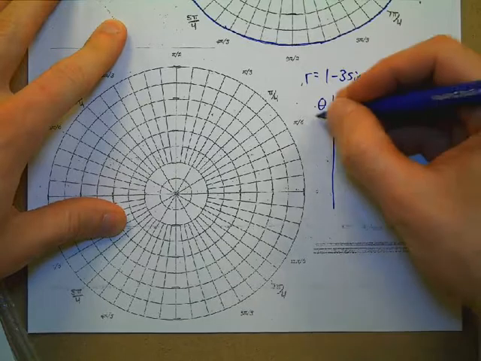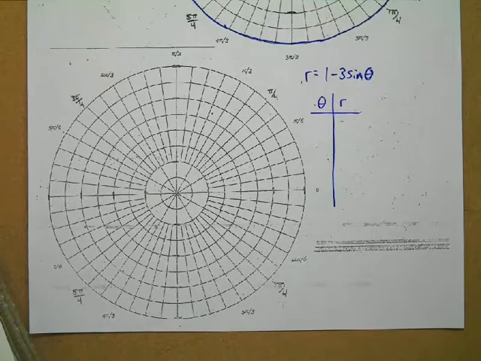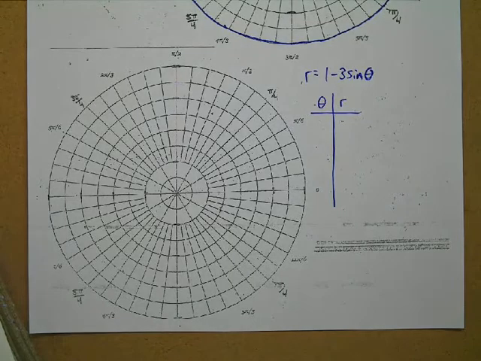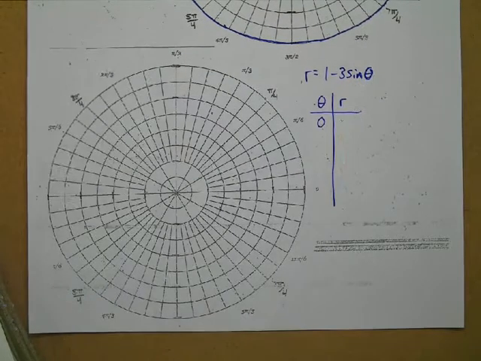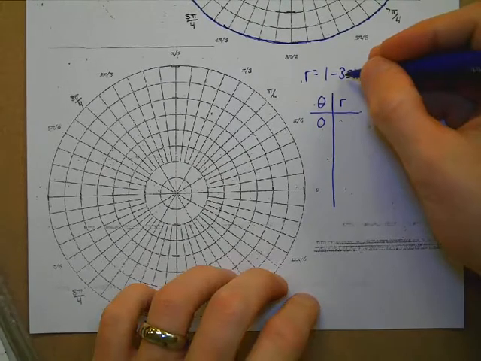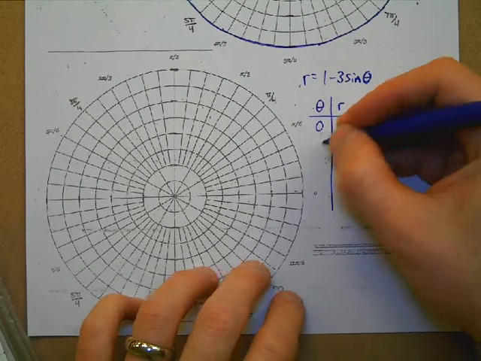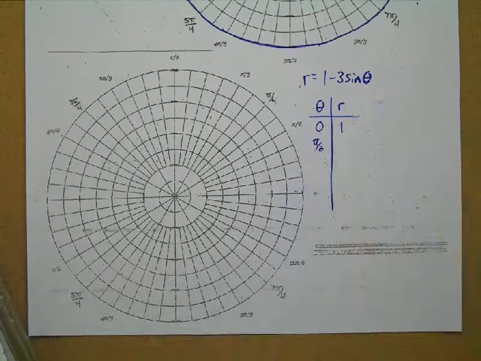Sine of 0 is 0, times 3 is 0, but 1 minus 0 is 1. Okay, let's do pi over 6. Sine of pi over 6 is 1/2, that's right, and then 3 times 1/2 is 3/2, and then 1 minus 3/2 is negative 1/2.